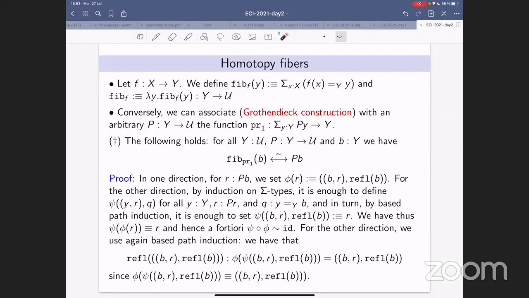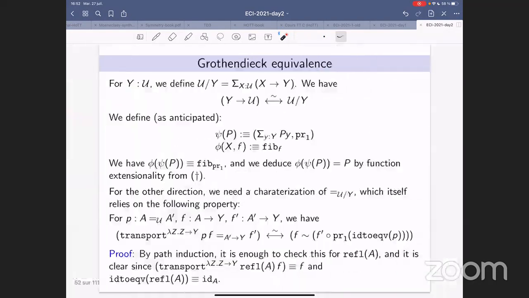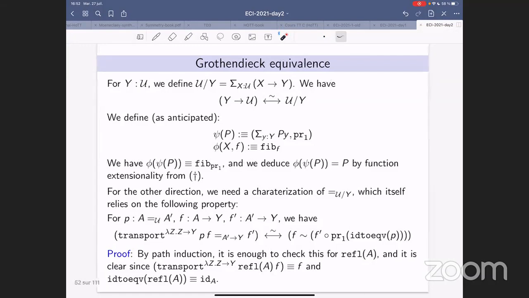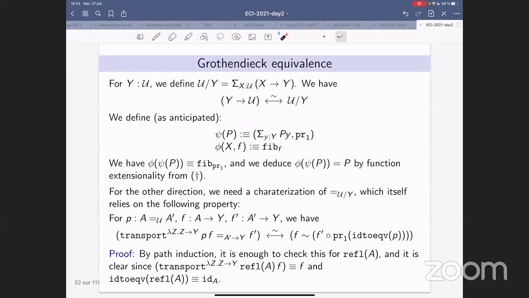Okay. So now the theorem that we want to show, where is my theorem? Yes, here's my theorem.